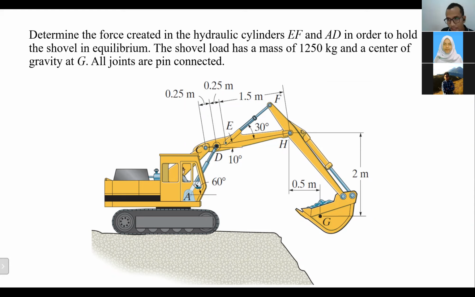The first free-body diagram that you're supposed to solve is the FHG, to find out HX, HY and FEF. Have you solved that? I didn't solve HY and HX, but I put the moment at H so I can get FE immediately.